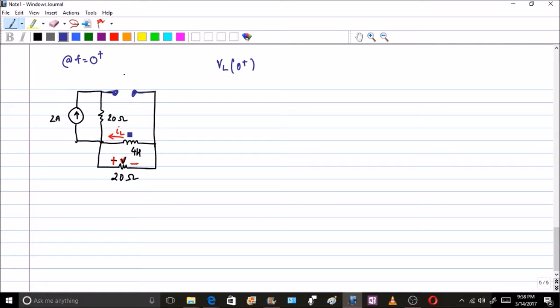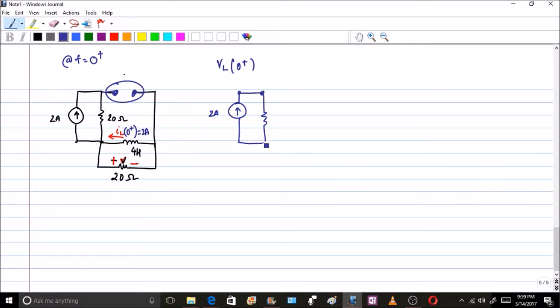IL of 0 minus equals IL of 0 plus, therefore this IL of 0 plus will be equal to 2 amperes. I have already told you some people draw the current through the inductor as an independent current source. Let me also do that because that will provide better clarity. It is not required, but still. Because here you have an open circuit, I will not draw that part.